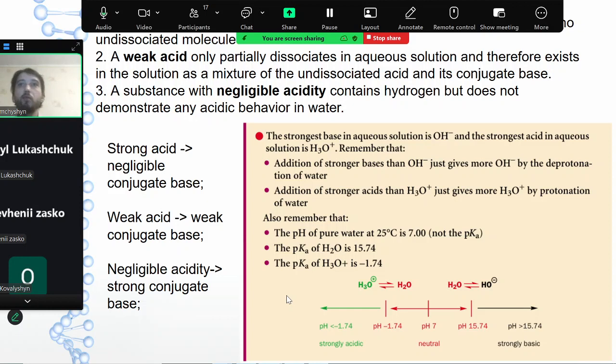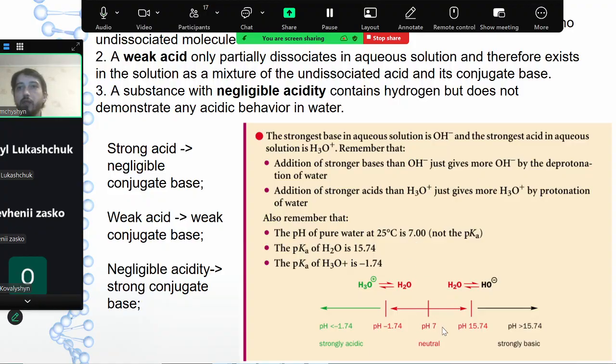If you add a stronger base than OH minus, it will just deprotonate the water, take its protons and create a lot of OH minus. That's the best you can get in water. In different solvents you can get something different, that's pretty possible.